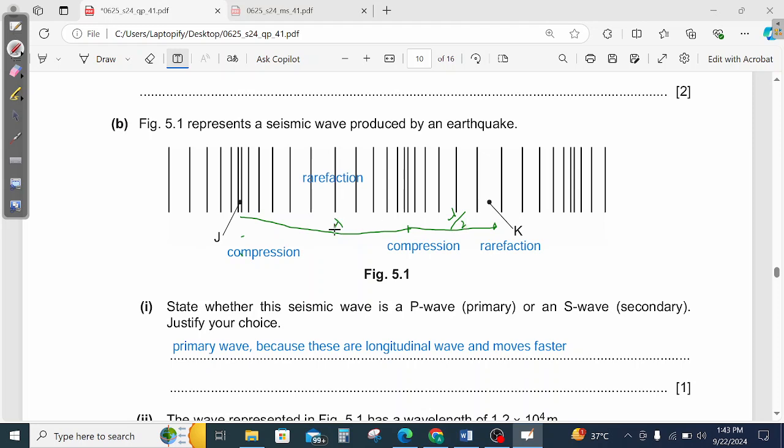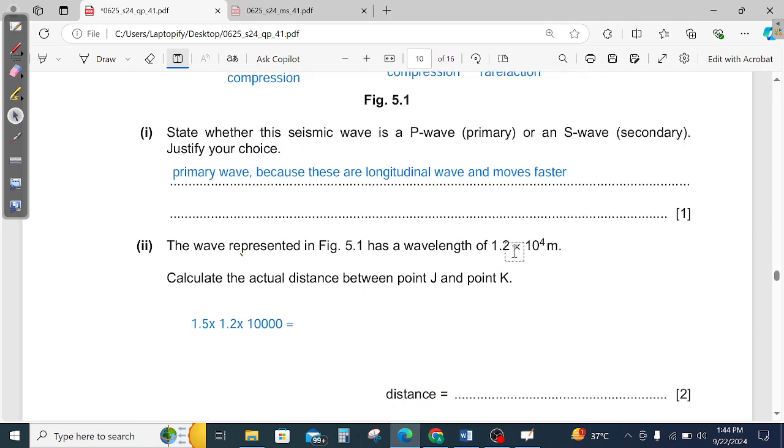Okay, so when you add them, you will get 1.5 of wavelength. So what you have to do now, 1.5 multiplied by the value given in the question. I will solve it in front of you. This is your wavelength.